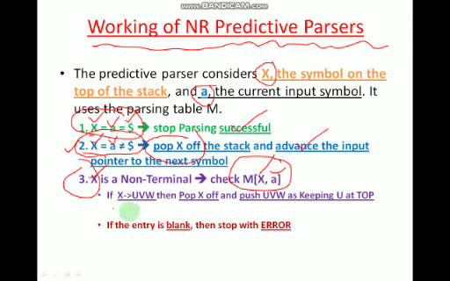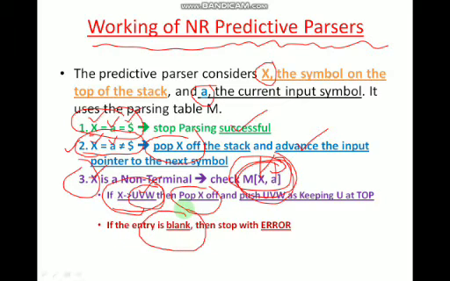If it finds a production rule X goes to UVW for this location, that means for row X and column a, then the parser will pop X off the stack and push UVW onto the stack, keeping U at the top of the stack. If in the third case there is a blank entry in the predictive parsing table, then it is a case of error.